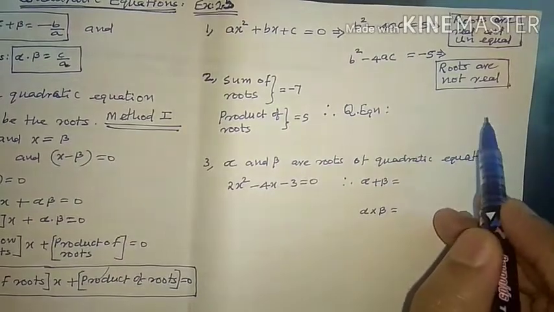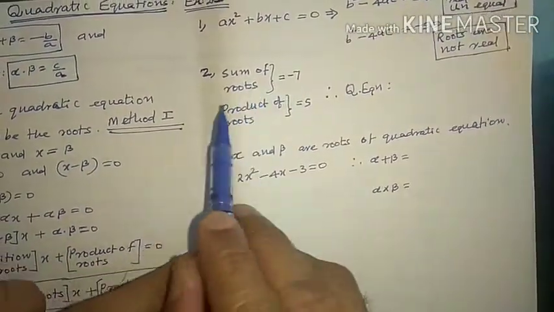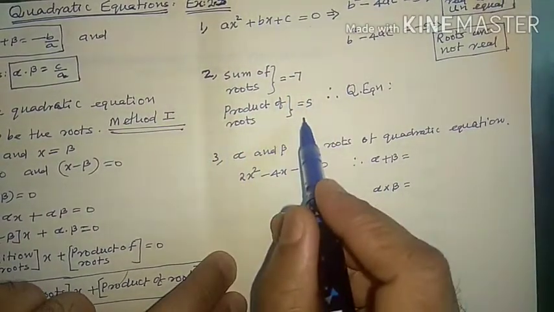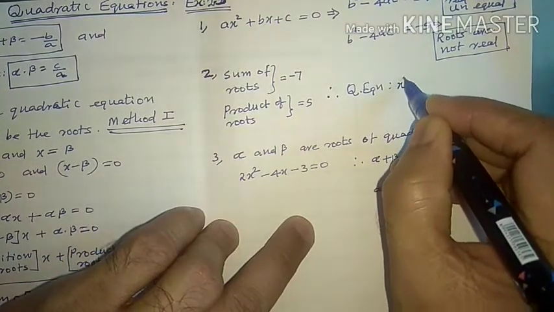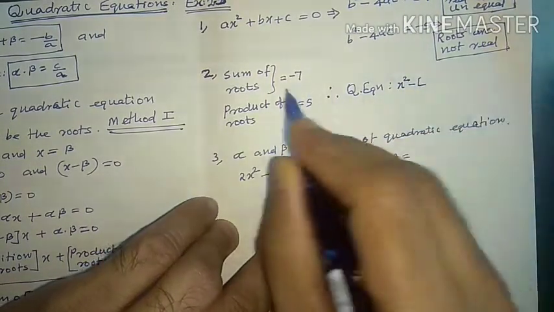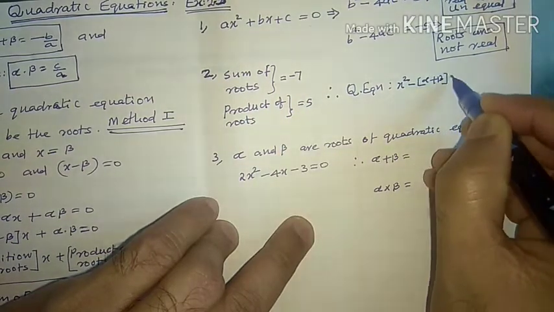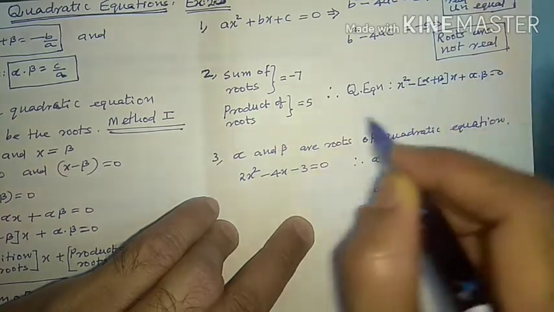That is the first question. Now the second question. Given sum of roots minus 7, product of roots plus 5. What is the equation? The equation is x square minus sum of roots, alpha plus beta, into x plus product of roots equal to 0.